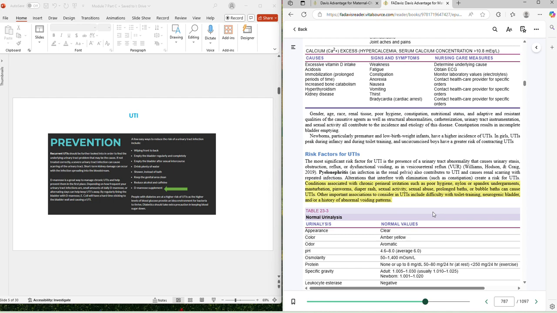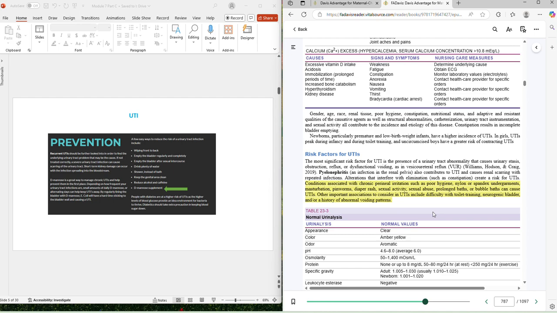So all the bacteria from the sexual intercourse floated up to their urethra, into their bladder, into their kidney, hopefully not, but could, and they would get a UTI.